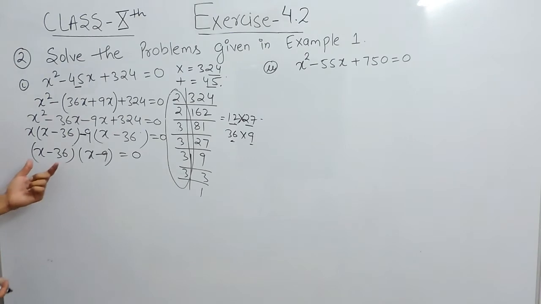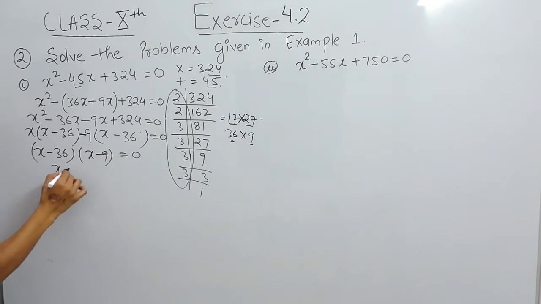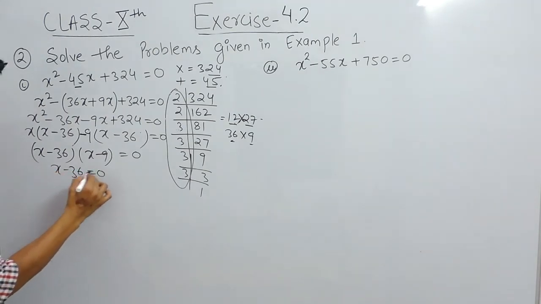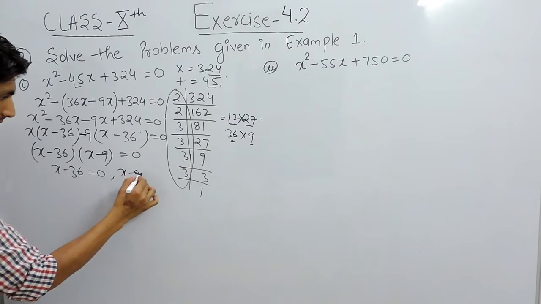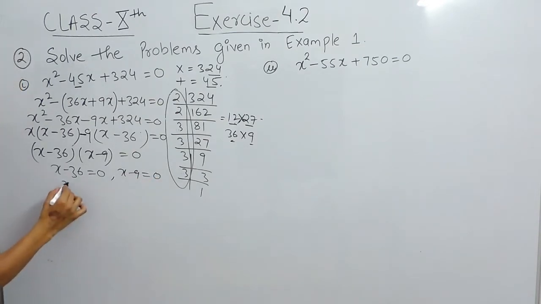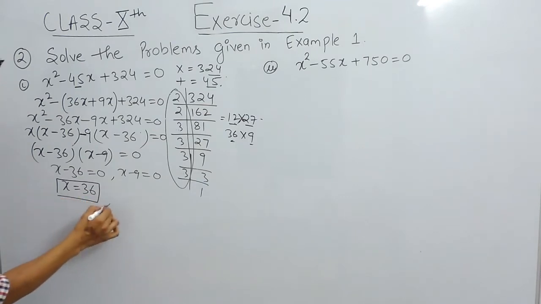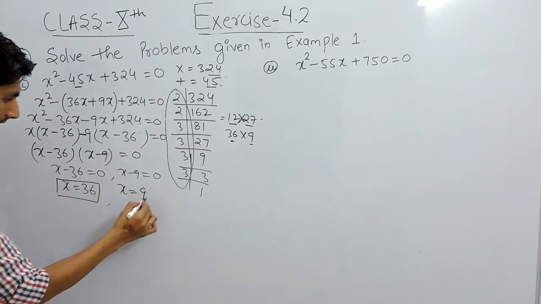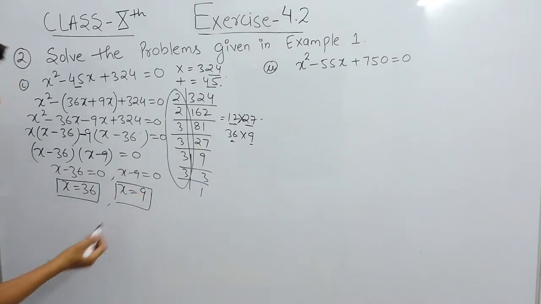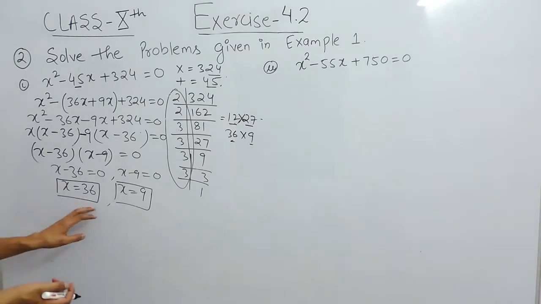We know that if the product of two factors is 0, then the value of each factor must be 0. So the value of x must be 36 and the other value will be 9. So whatever values are asked in the question, the values are 36 and 9.